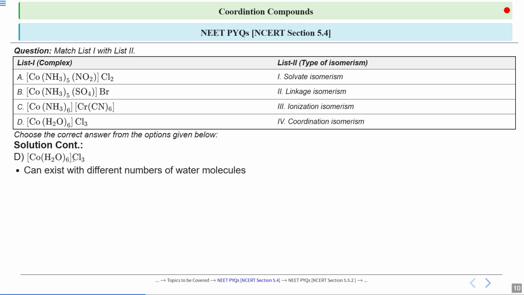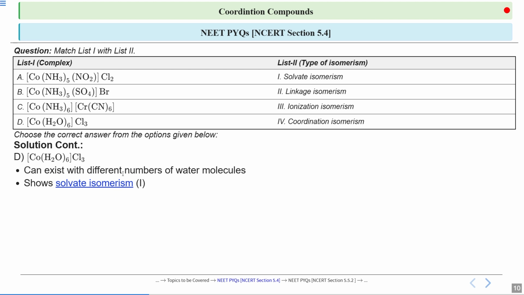Okay, so the coordination number will always be 6 for the cobalt. But you can see that inside the coordination sphere, the cobalt can bind to a different number of water molecules, either 6, 5 or 4. That means this complex will show solvent isomerism, which is present in our first choice.